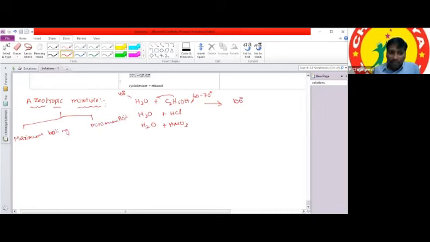Which one shows the maximum boiling azeotropic mixture? Negative deviation non-ideal solutions show the maximum boiling azeotropic mixture.